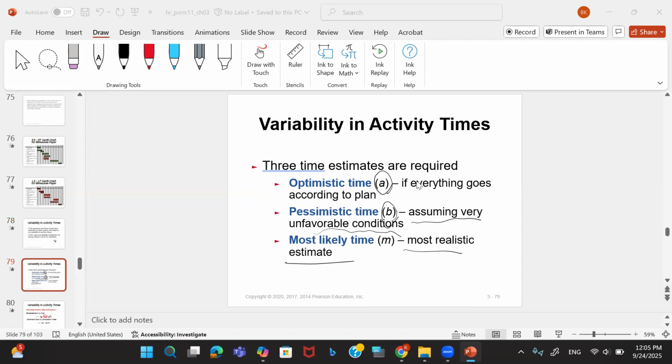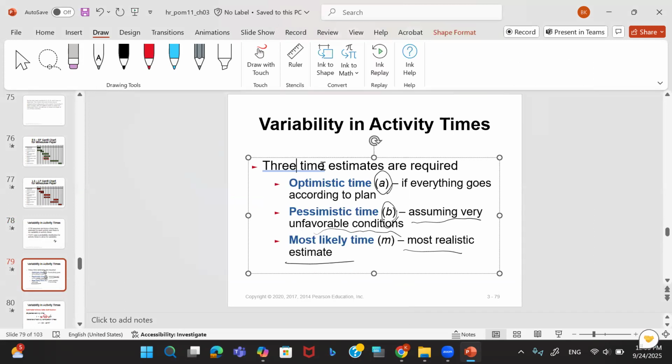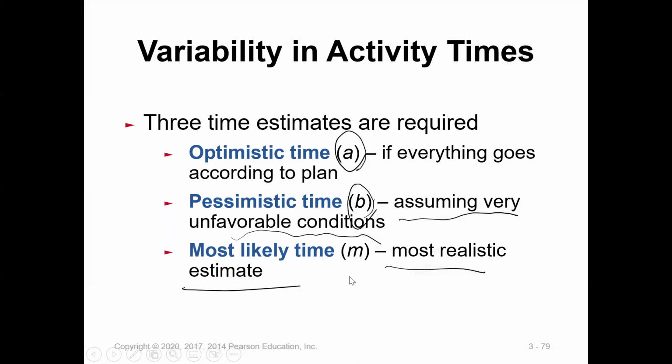So, variability in activity times: three time estimates. We will use what we call the optimistic time, which is optimistic from the name. That means everything goes well according to the plan. So this is the optimistic time, that we will finish this activity during the activity time.